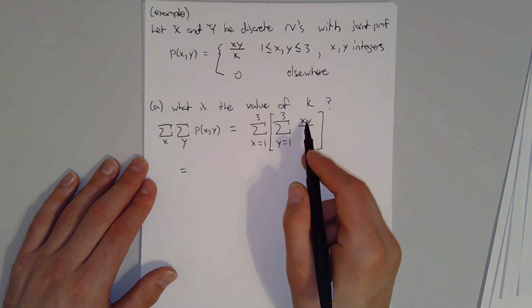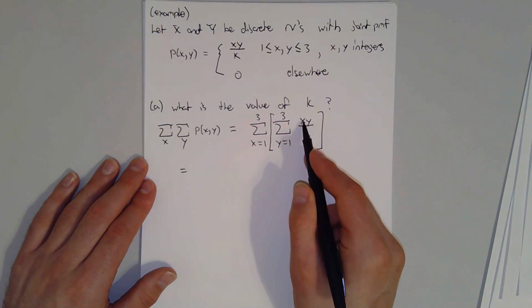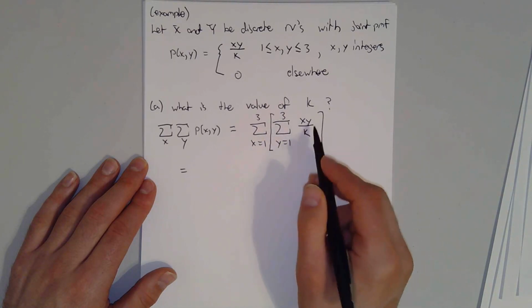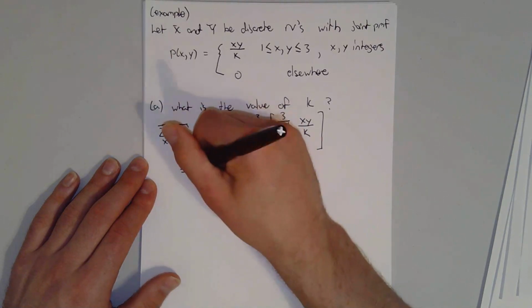Notice that for the first sum, x doesn't change as y does, since y is the index of the first sum. So x and k can be pulled out.